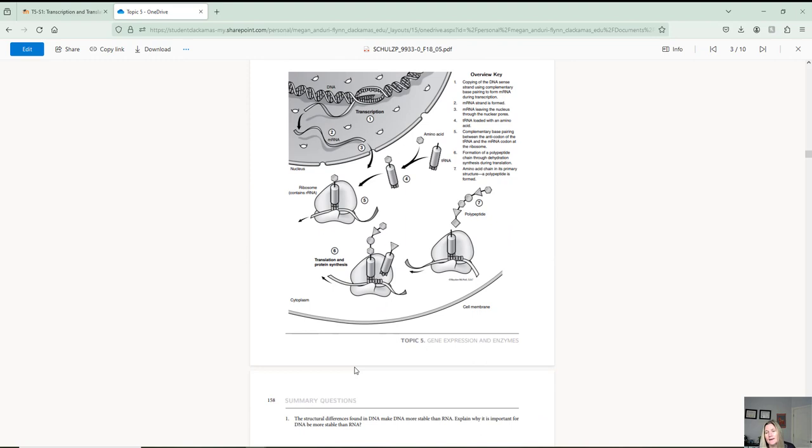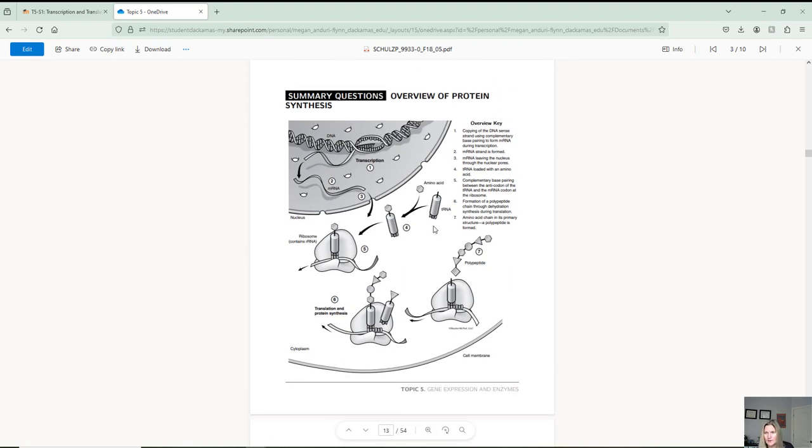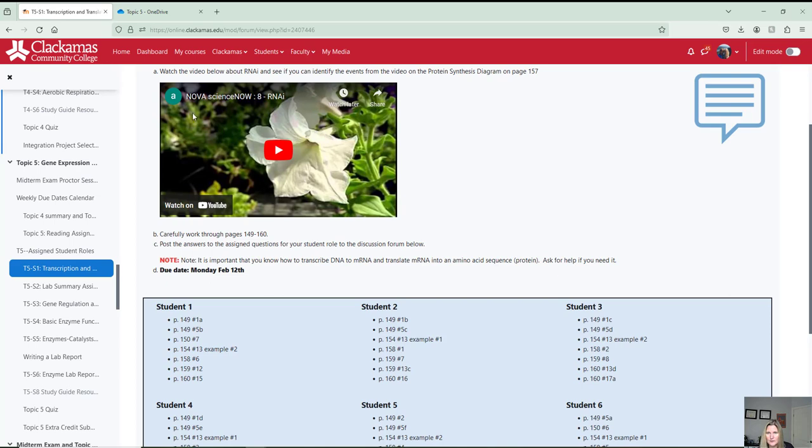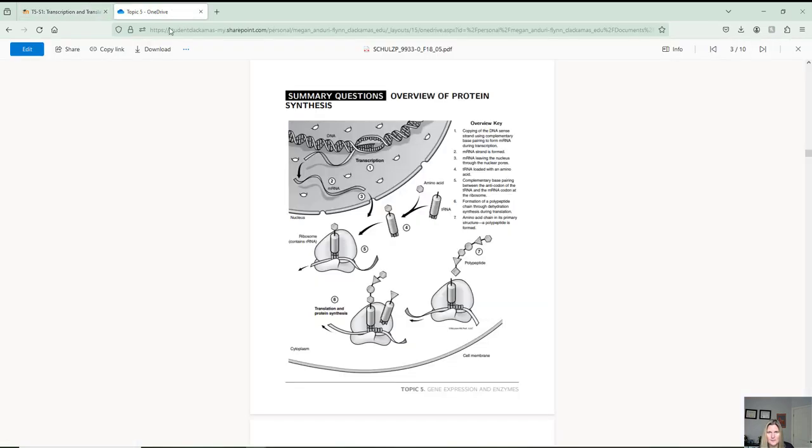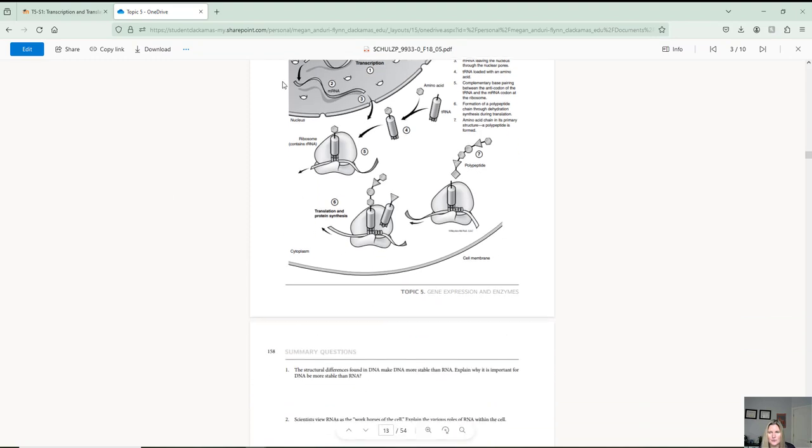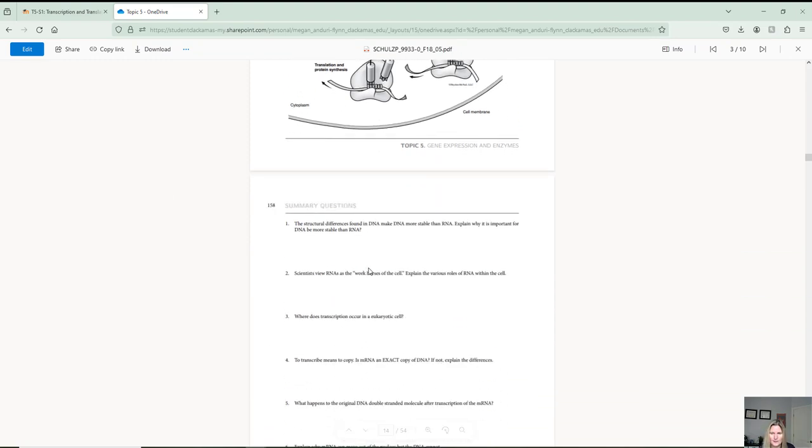Okay, and then the video that was referenced in Moodle. Use this to help you understand the overview of protein synthesis. So this can be a complex diagram. So just having a video summary of how transcription and translation occur and all the different parts of protein synthesis.